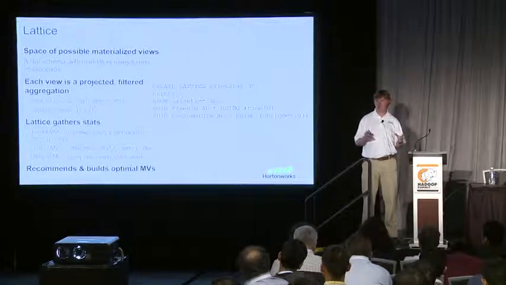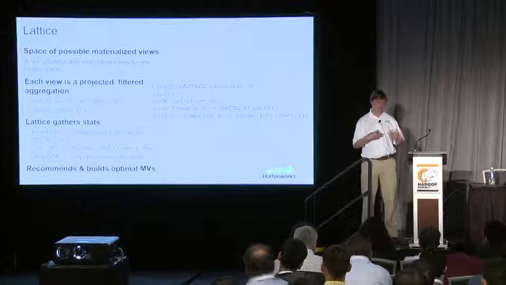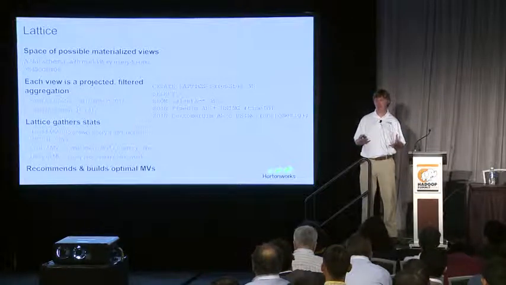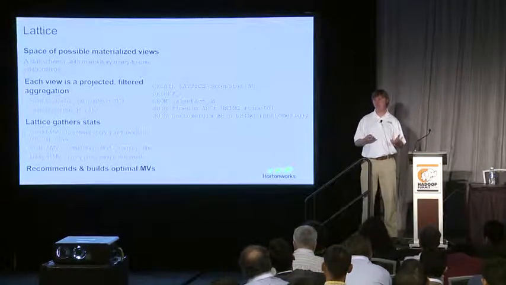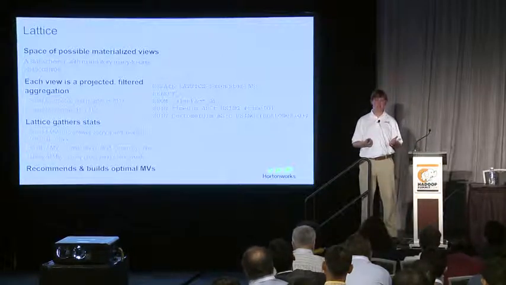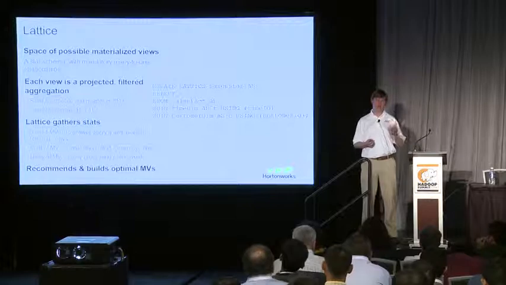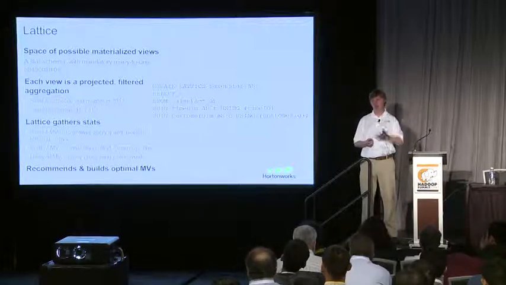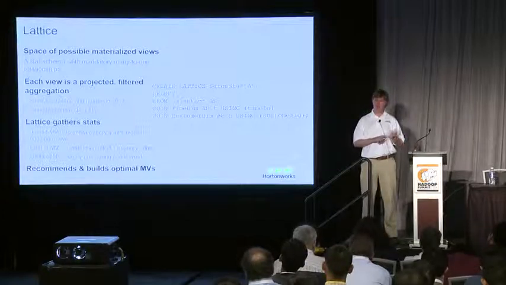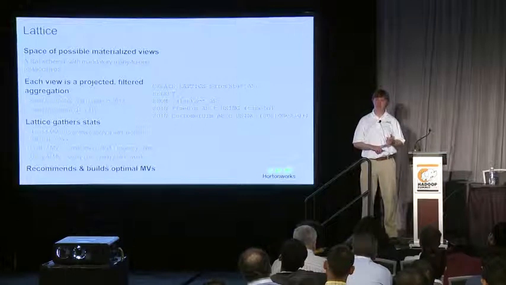And if you create this data structure in HCatalog, the basic idea is that some agent will then start collecting statistics. So every time it sees a query which is combining the sales fact table and the product table and the customer table, it goes, aha, this maps onto this lattice. First of all, I'm going to remember that someone has executed a query that could have used a materialized view.